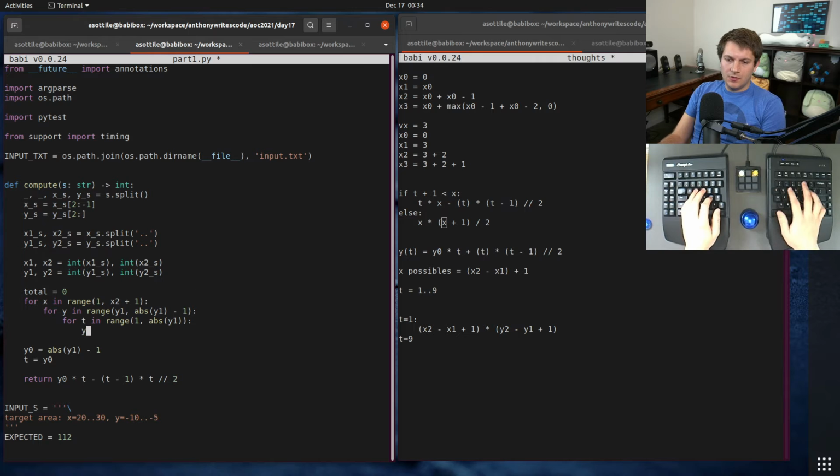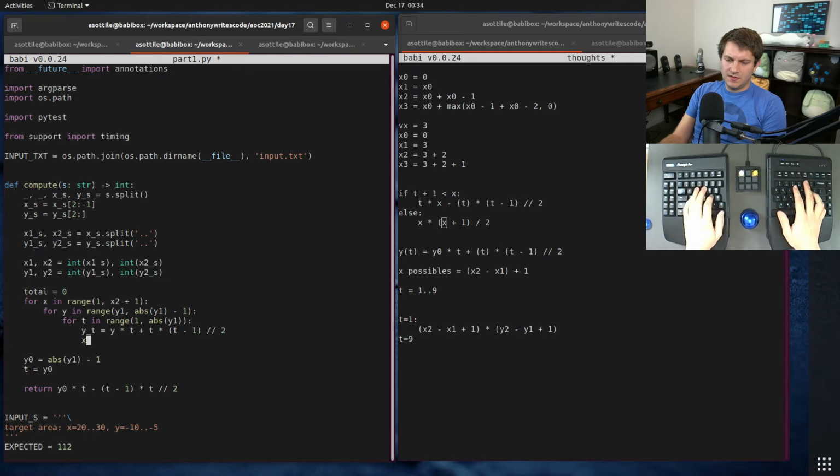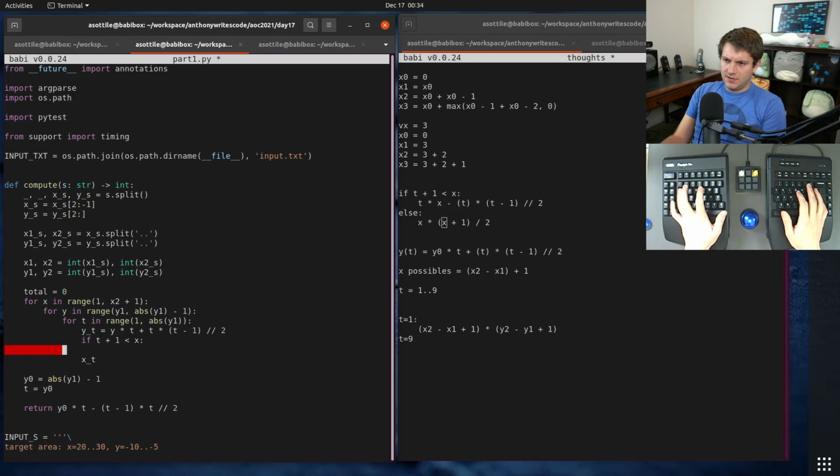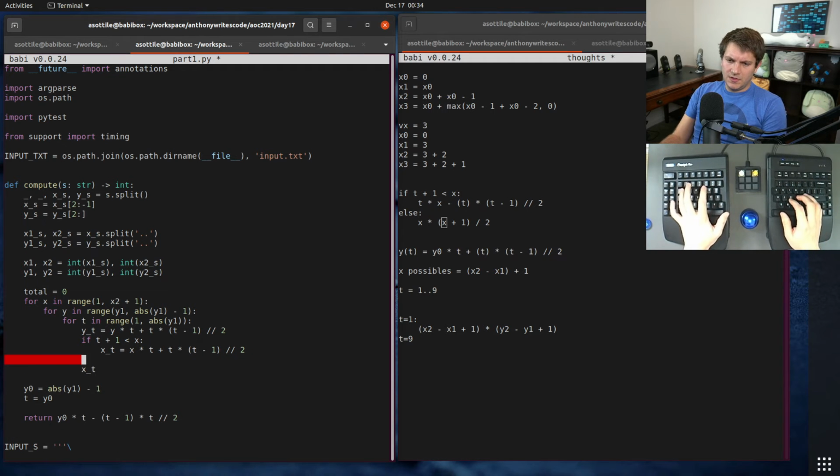Okay. So y of t is equal to y times t plus t times t minus 1 over 2. X of t, if t plus 1 is less than x, then x of t is equal to t times x plus t times t minus 1 over 2.